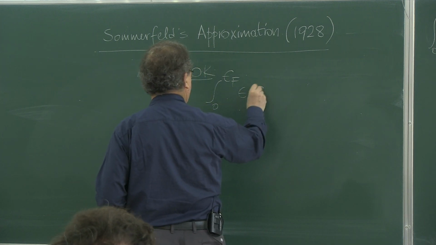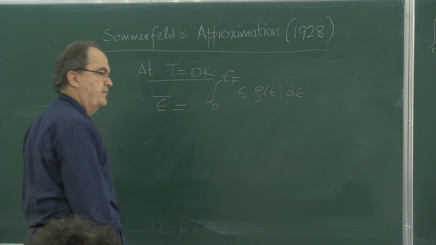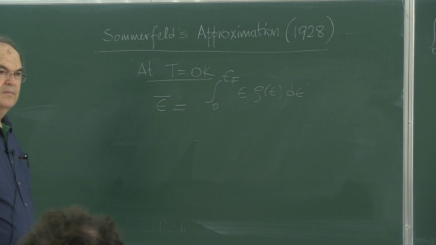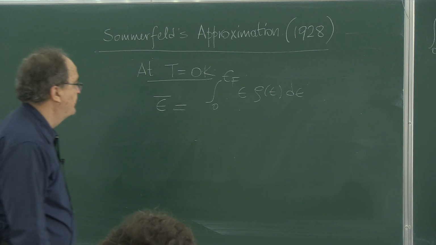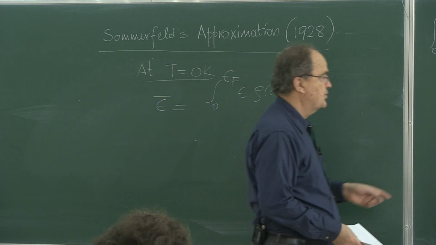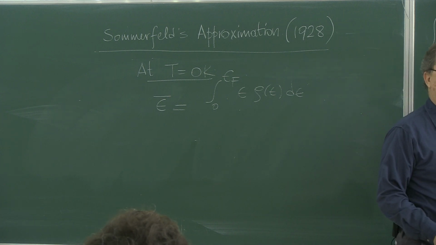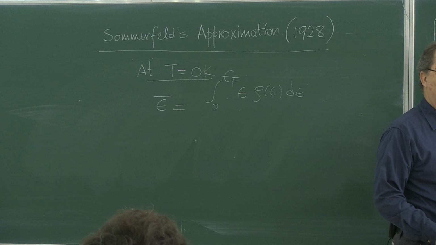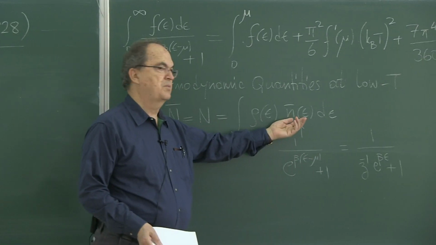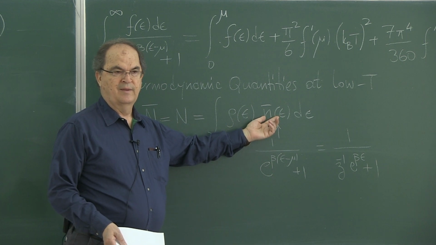Energy and density of states. Okay? Why don't I have this factor? I have to have that, isn't it? Energy times the density of states times the Fermi-Dirac. Why don't I have that?